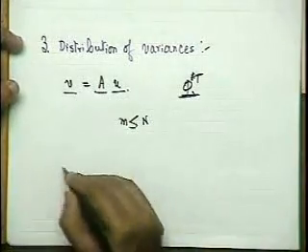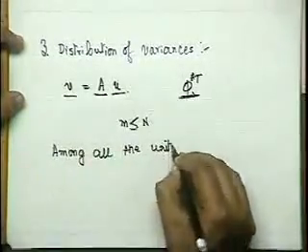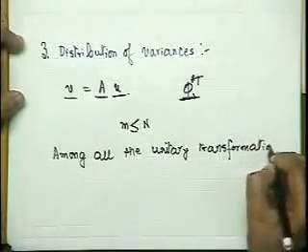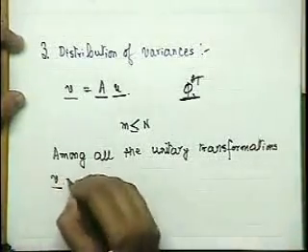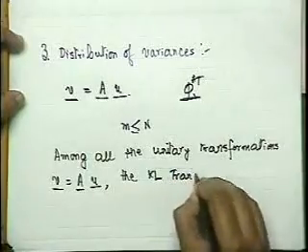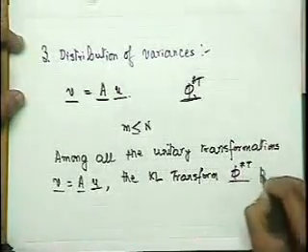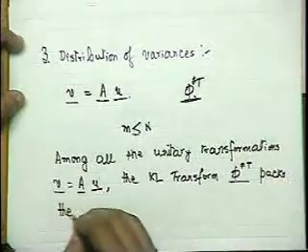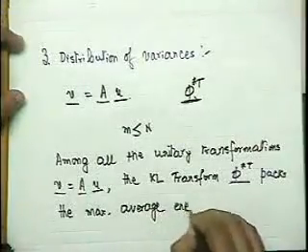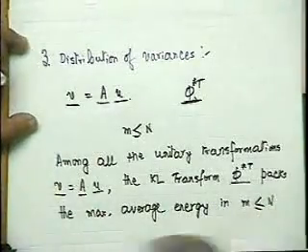So let me write down: among all the unitary transformations given by V equal to AU, the K L transformation phi star transpose packs the maximum average energy in m less than or equal to capital N samples of V.